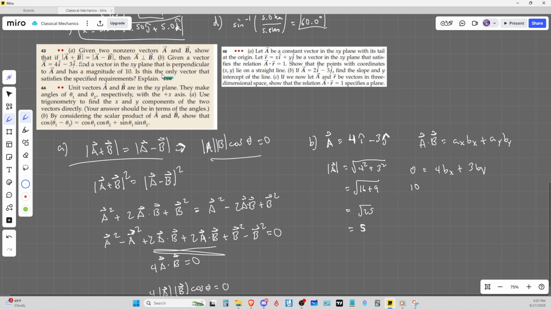It says the magnitude is 10, and usually when I think of the magnitude, I think of the norm, where you square the numbers and take the square root. All of this is linear algebra, practically.